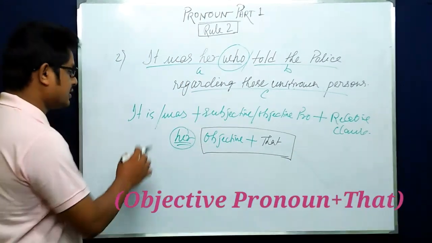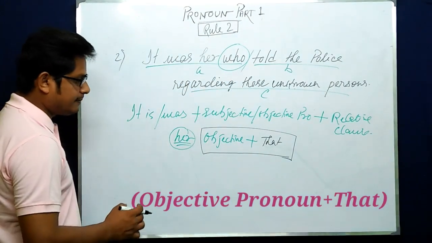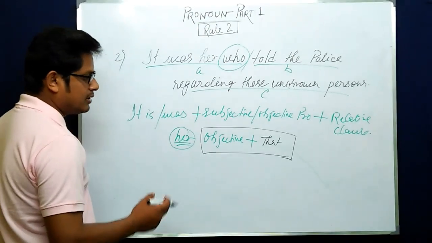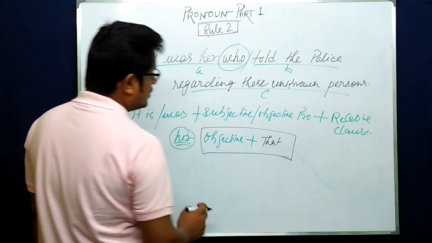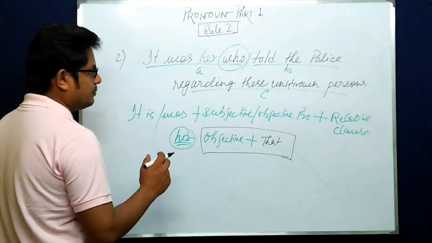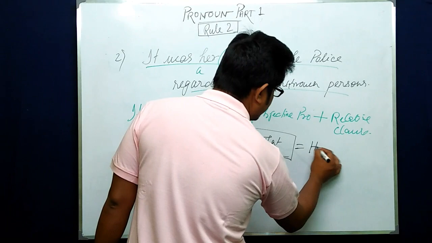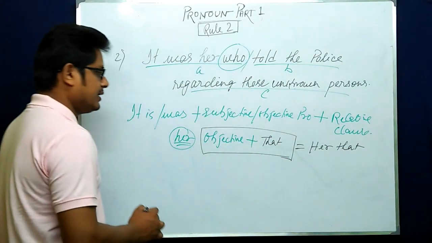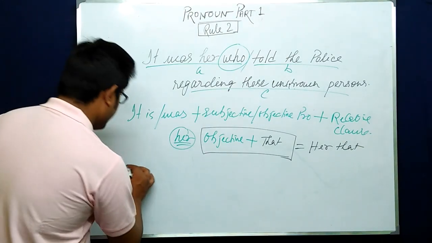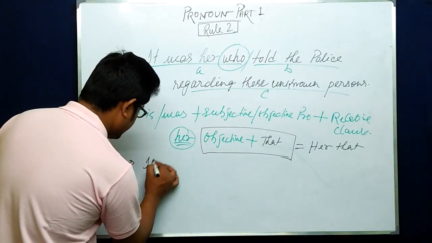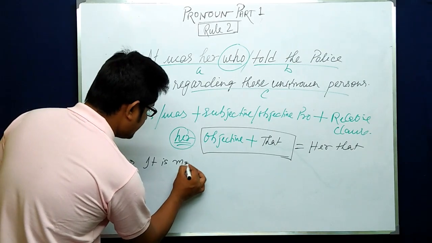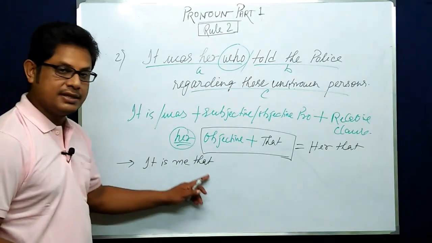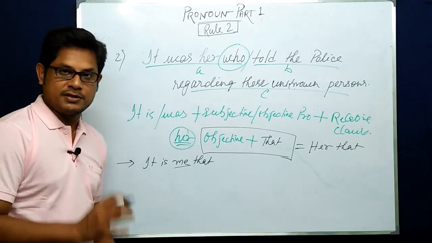If the sentence structure is it is or it was, and you want to use any relative clause after an objective pronoun, then you have to use only that. So the sentence should be like her, then that. Let me give you one example. You can write, it is me that, because me is an objective pronoun.